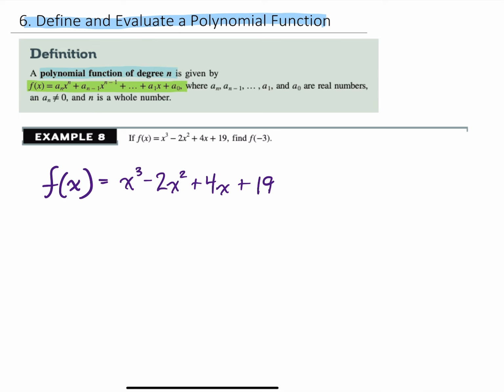And so when they say to find f of negative 3, notice the negative 3 is replacing the x in that notation. All this means is plug in -3 for x.